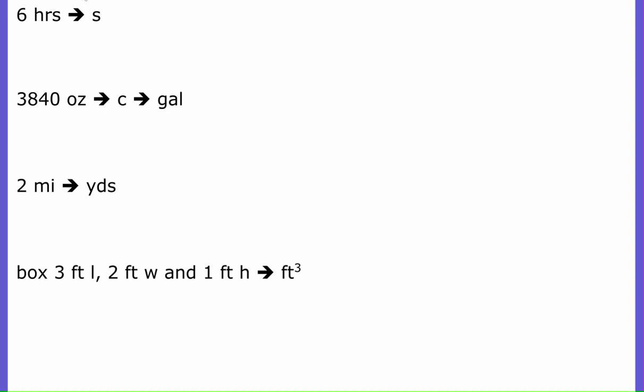But if I wanted to know how many seconds were in 6 hours, I just need to work it out. So you always start with whatever you're given in the top left in your work. Right? In those railroad tracks, I think they used to call this in your other classes. So I have 6 hours up there.